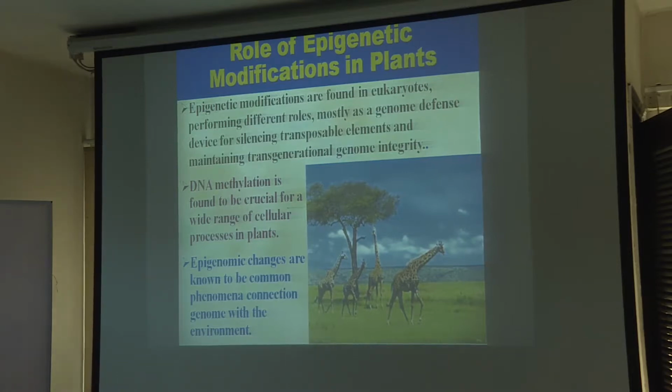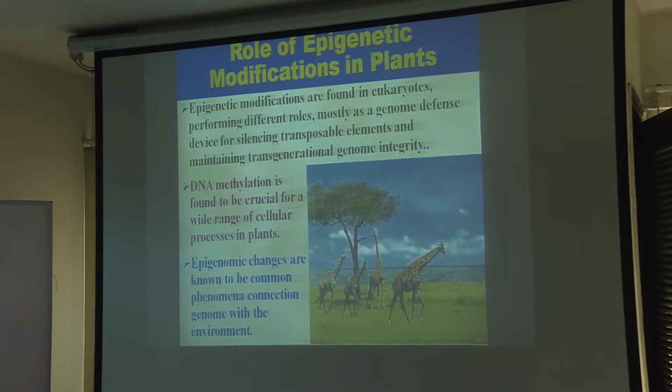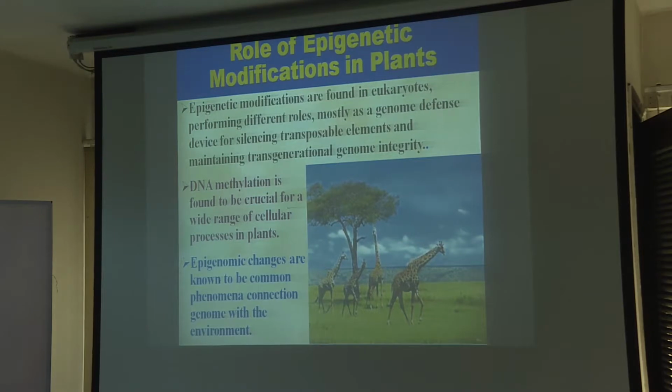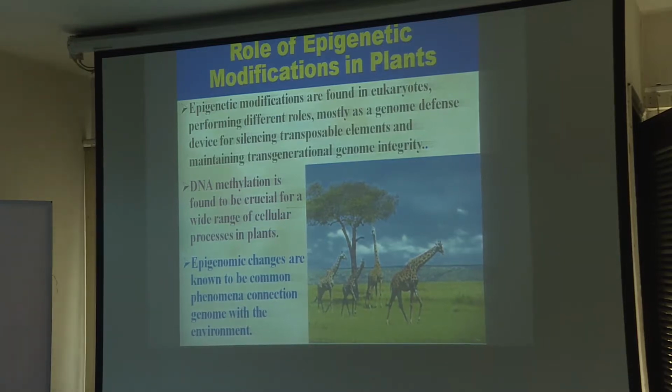All the methylated cytosines will remain as they are, while unmethylated, normal cytosines will get converted, demethylated. If you treat your normal cytosine with bisulfite, it will convert into thymine.